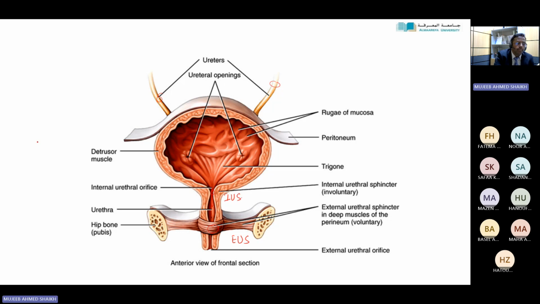And from the spinal cord, suppose this is the spinal cord here, there is the L1, L2 segment, and here S2, S3, S4 segment. And there are nerves which are supplying. So three types of nerve supply are there. One is sympathetic.